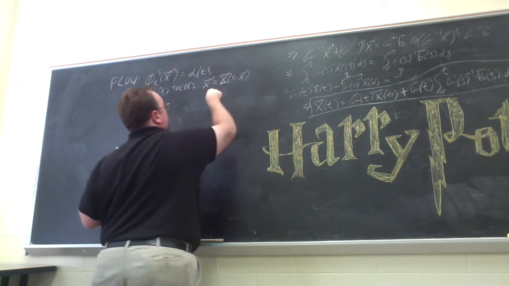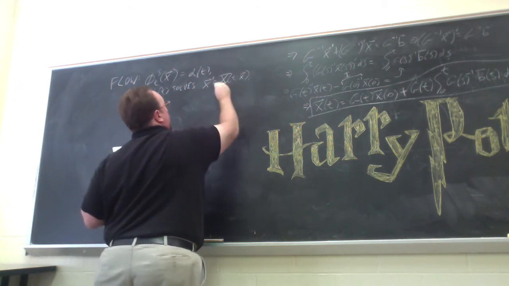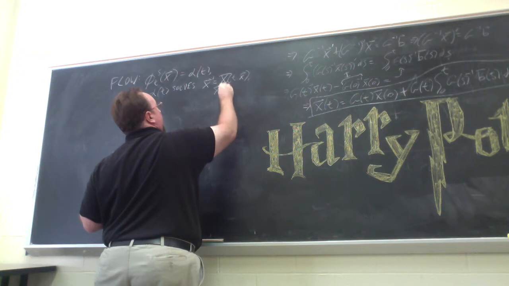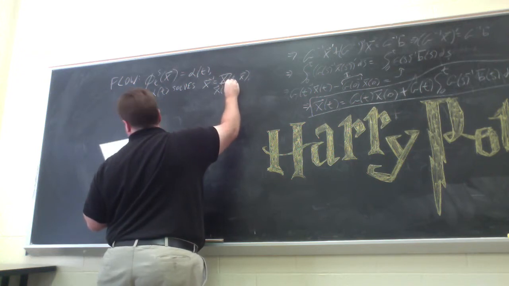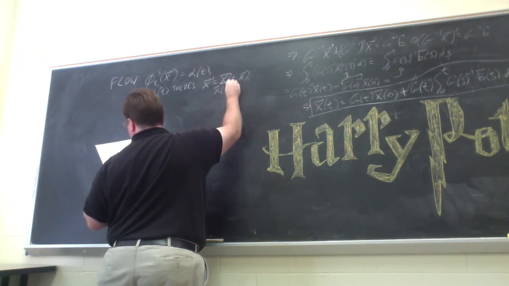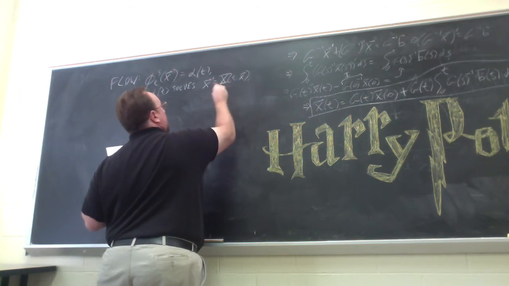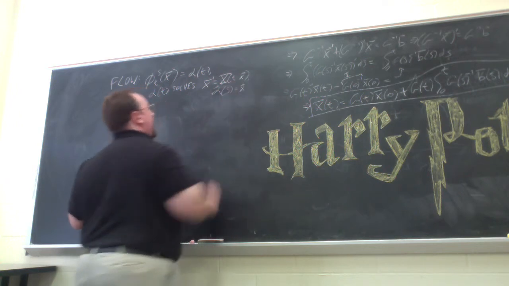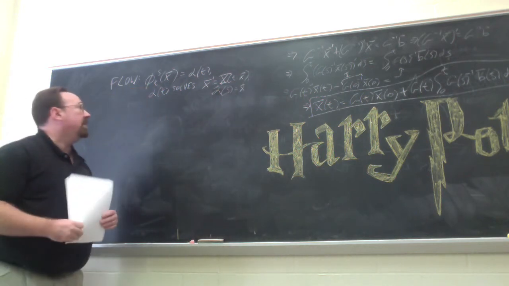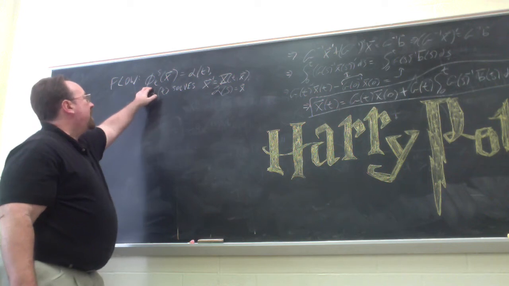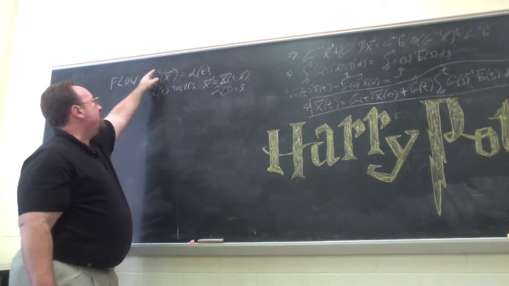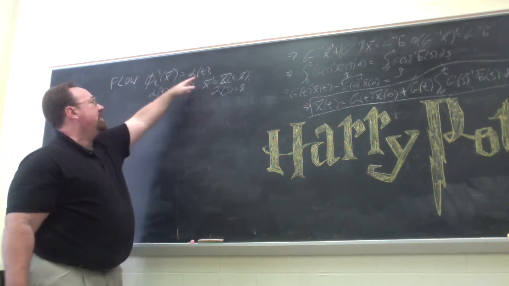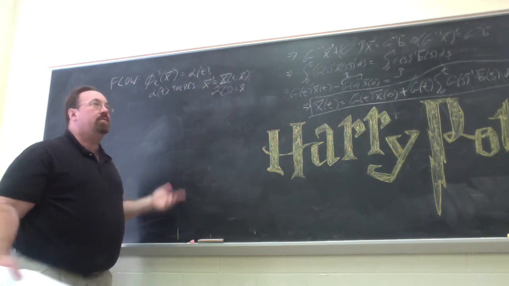Whatever linear or nonlinear initial value problem you have, with the initial condition that alpha of s is equal to x. So the flow map is what takes this initial data given at time s and gives you what the solution is at time t. That's really all the flow means.